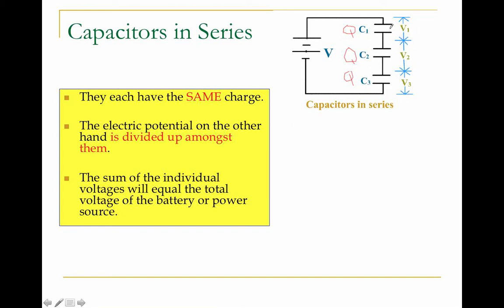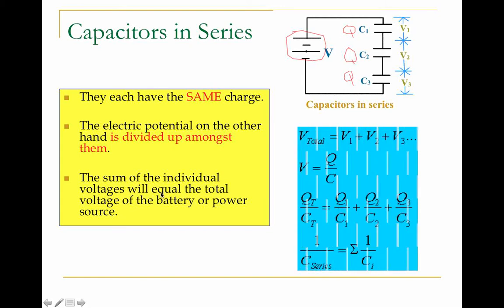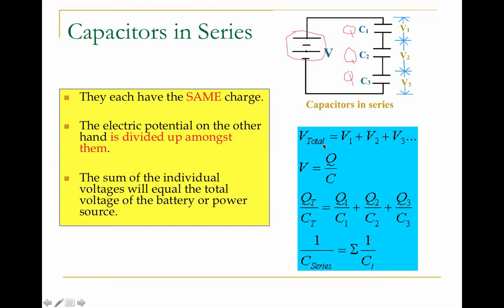The potential difference will be equal to the sum of V1 plus V2 plus V3, and the sum of the individual voltages will equal the power source. So the total potential is V1 plus V2 plus V3, and V is equal to Q over C, or Q is equal to VC.